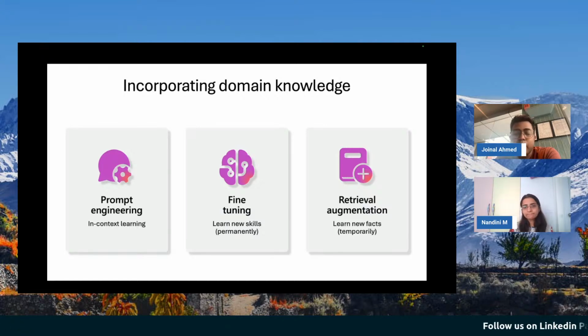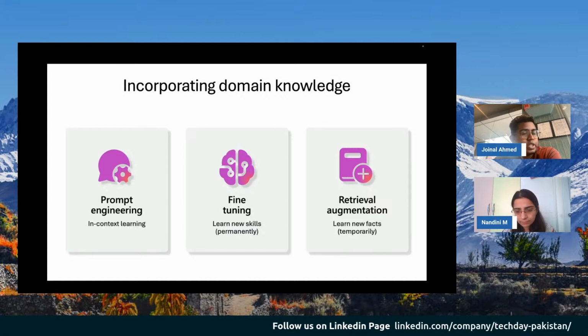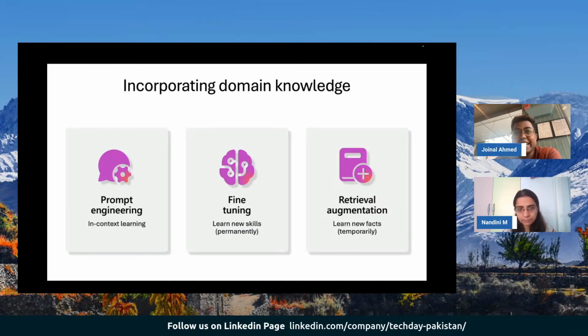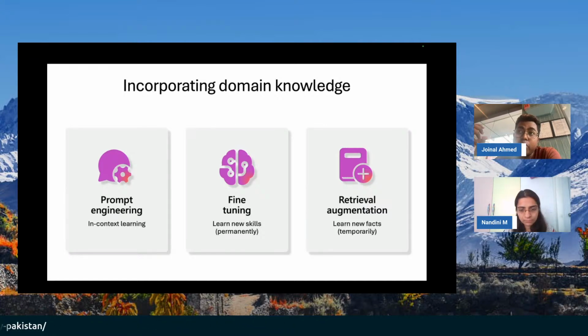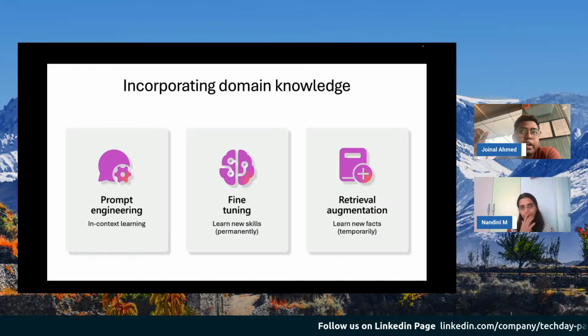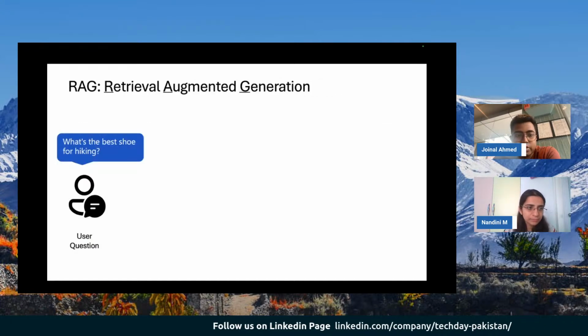The third and widely popular way is retrieval augmentation. Here we are not training the model. We use traditional search to find where the answer to the user's question could be found, get the data, and feed it to the model using prompt engineering so that the model can look at it, comprehend that information, and give us the answers.